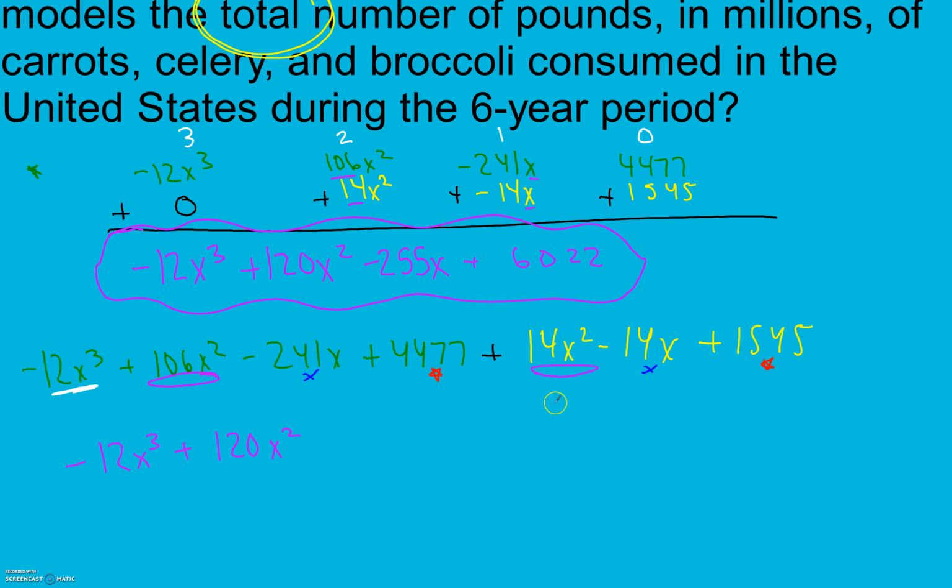With my linear factors, my just x to the first power, 255x. And for my constants, those without variables, I would add those up and get 6,022 as well. So I get to the same answer regardless of whether I added in columns or in a line and combined my like terms. That part doesn't matter as long as you can get there, whatever helps you keep organized and to make sure we don't miss any pieces.